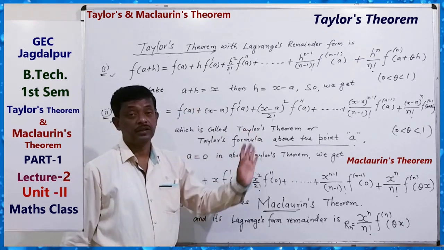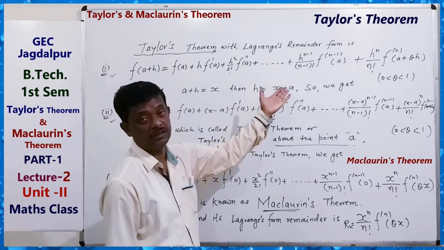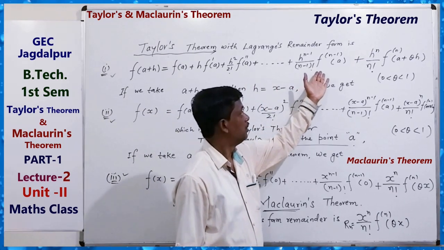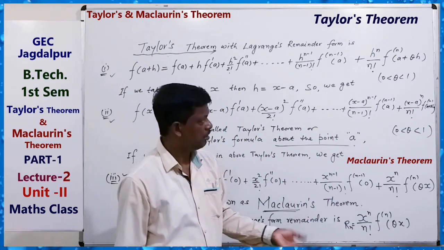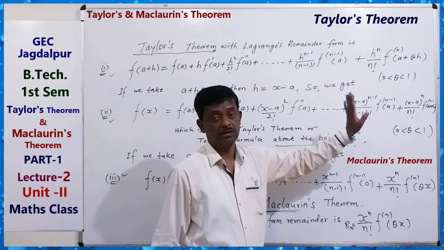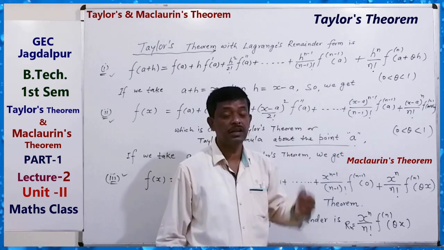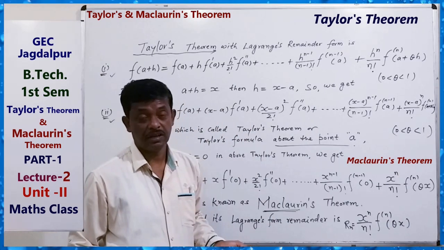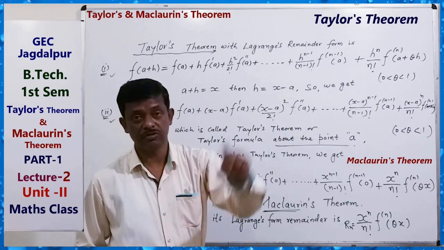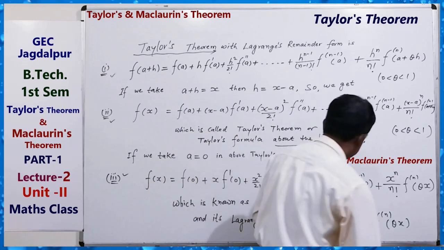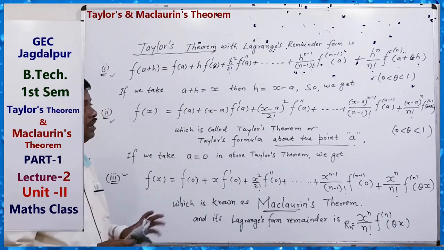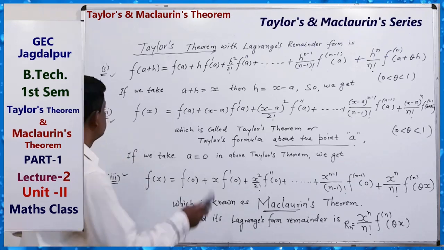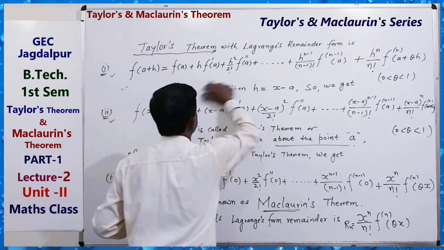If the function can be expressed as an infinite series, that is, if the function has all the derivatives and also the remainder tends to 0 as n tends to infinity, then we can write the Maclaurin series and Taylor series as infinite terms. So here we can write like this.